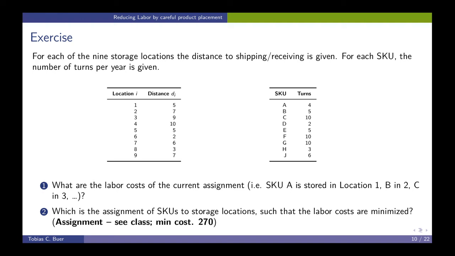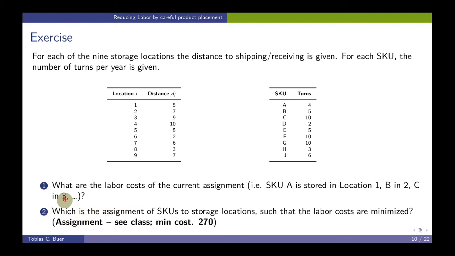In order to calculate the costs, you just have to multiply the travel distance by the number of turns and sum this up for all the combinations of SKUs and storage locations.